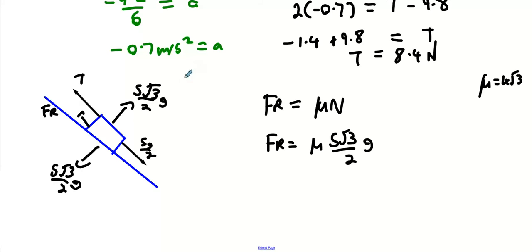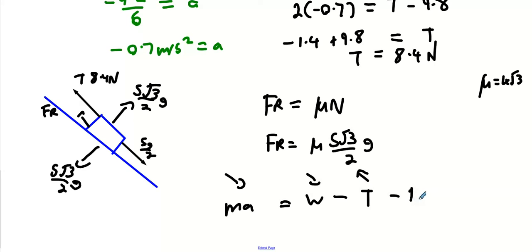And tension is 8.4 newtons. So this should all link in. So MA, which is the force going downhill, equals its weight pulling it downhill, take away its tension, take away its friction, which opposes the motion.